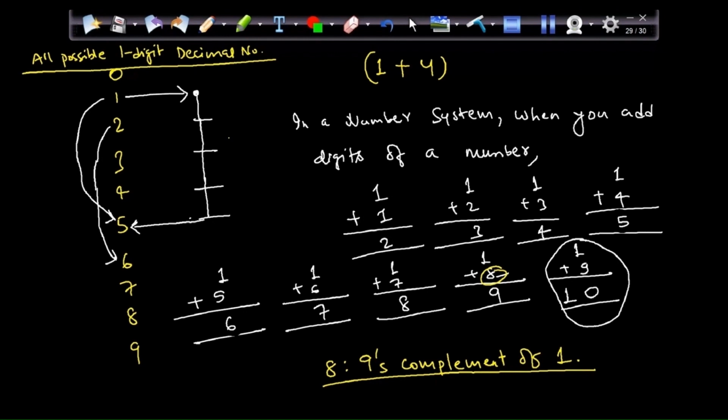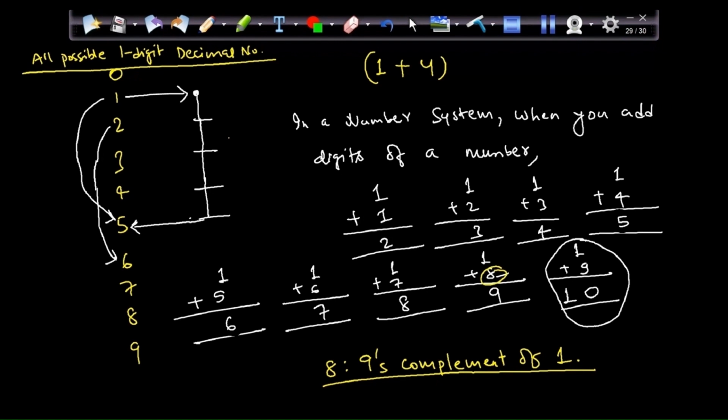So if you add anything less than 8, you are moving fewer steps from that number. You will not reach the largest possible one digit number, you will be at some step before that. So when you add any number to 1 which is less than or equal to 8, you will be within the digits of the decimal number, 1 to 9.